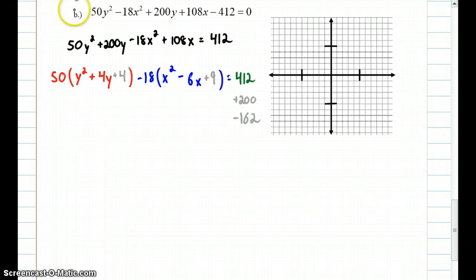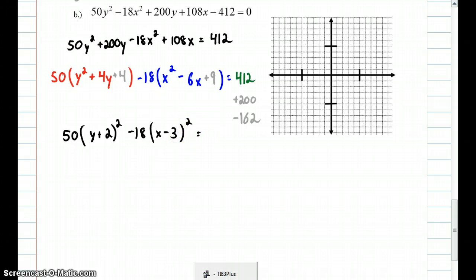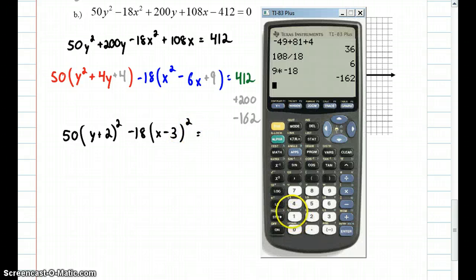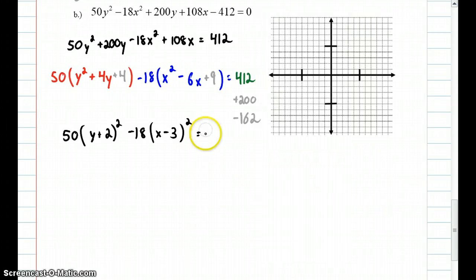From here, my equation is 50 times y plus 2 squared minus 18 times x minus 3 squared equals 412 plus 200 minus 162, or 450.